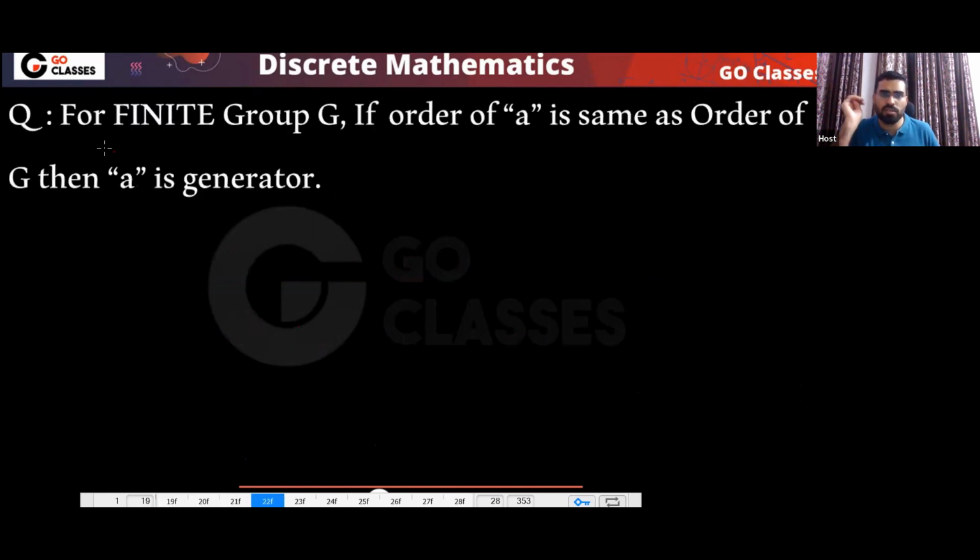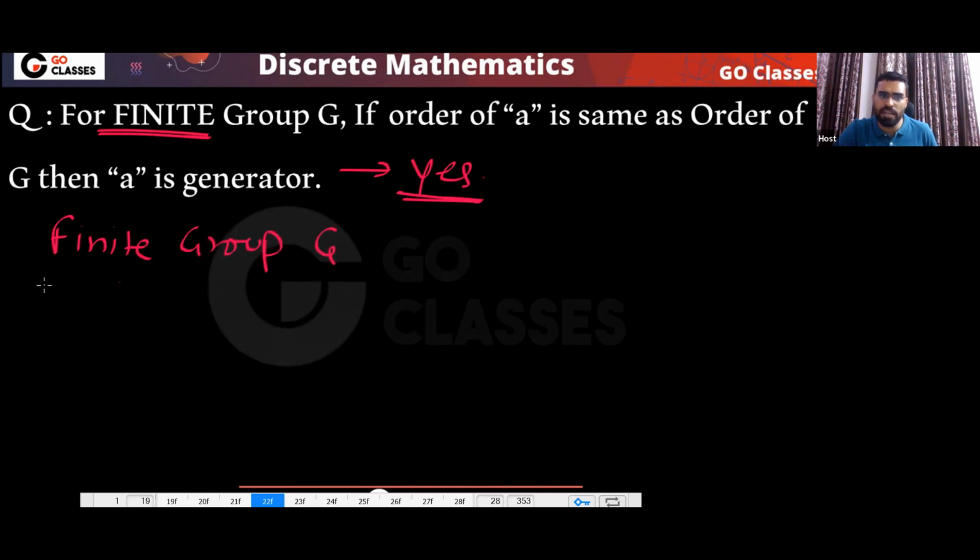Okay, let's solve this question. For a finite group, if the order of A is the same as the order of G, then can I say A is a generator? For a finite group, if the order of an element is the same as the order of the group, yes, the answer here is also yes. Remember, your group is finite.